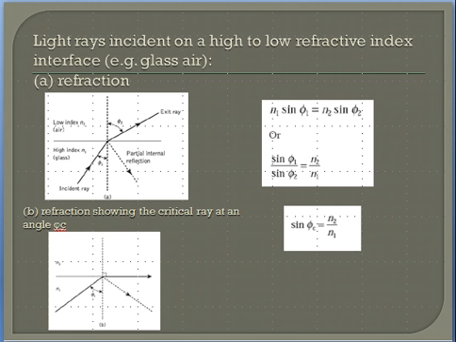The angle of incidence in this case is known as the critical angle, psi c. You can find it in figure 1.2b. From the equation n1 sin psi 1 equals n2 sin psi 2, we can write sin psi c equals n2 divided by n1.